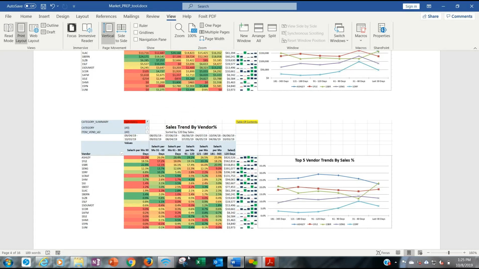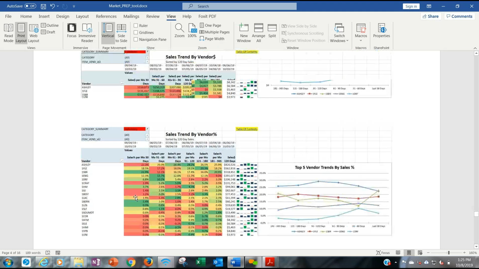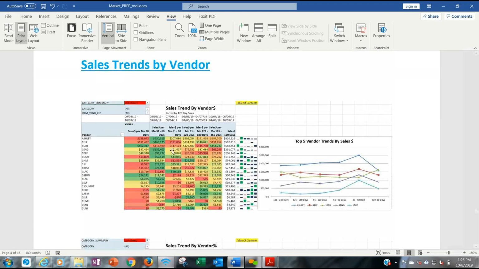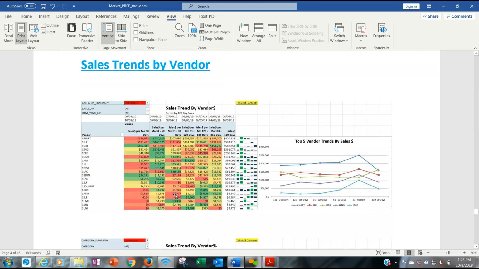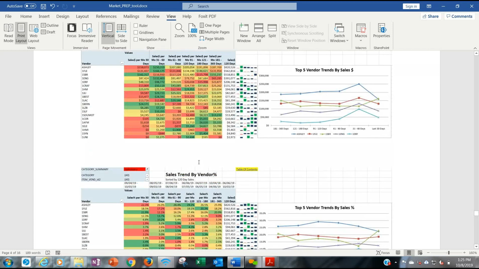If you do a direct copy and paste from the sales analysis tool, a lot of those images are large in size, so your Word doc just blows up in size. I have a smaller font here, but as long as you can read it when you print it out, that's the important part.